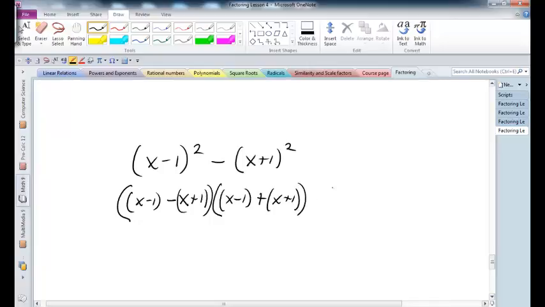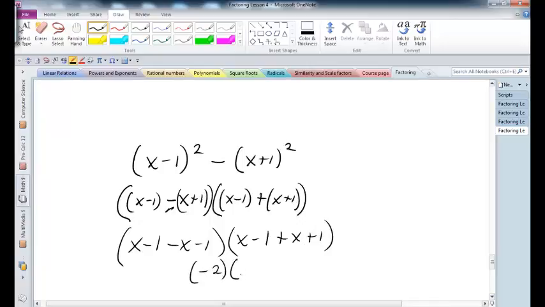Now this can be simplified even further. Just be very careful to distribute out that negative. (x - 1 - x - 1) times (x - 1 + x + 1). And you can see that will give us negative 2 times 2x, and that's going to equal negative 4x.